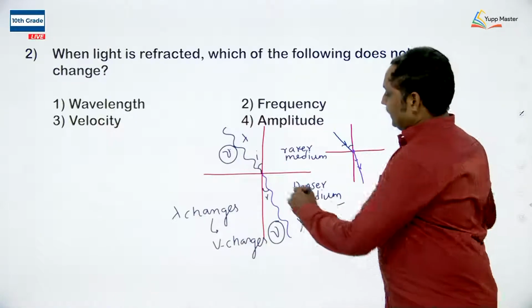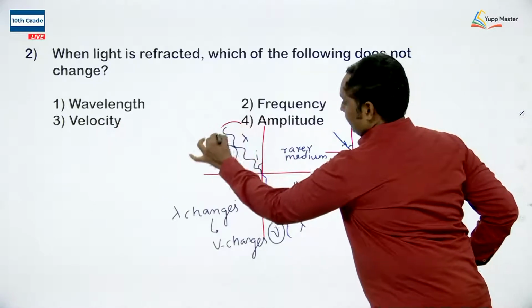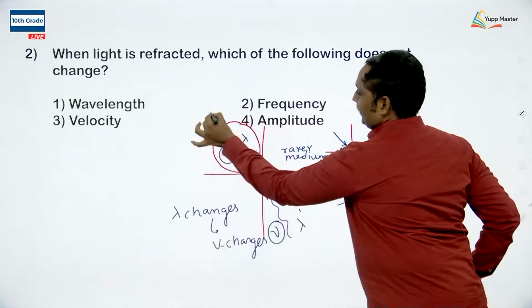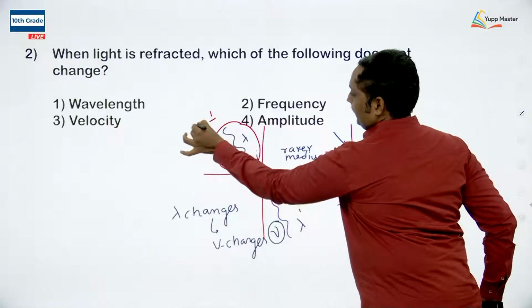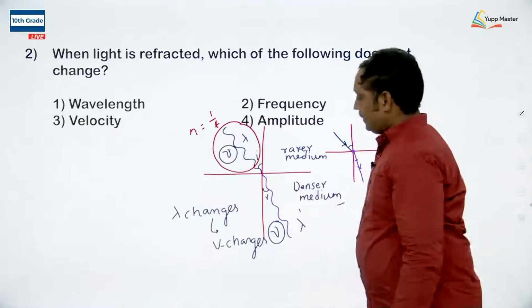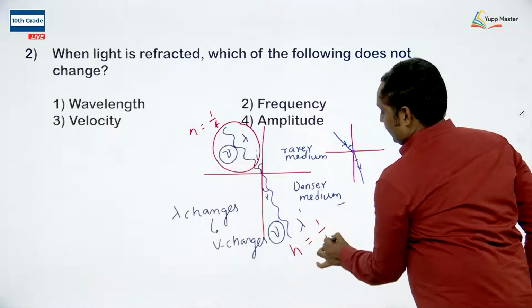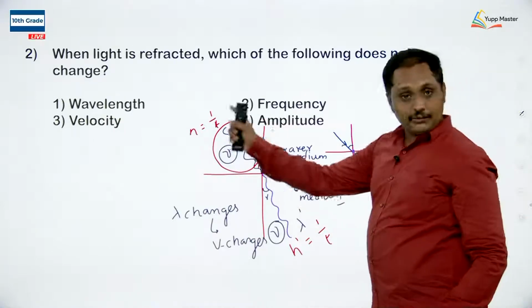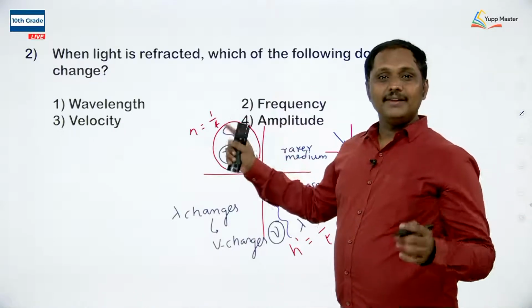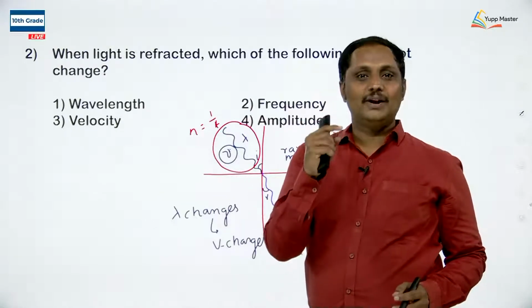In this region, the number of cycles per time t, and here also the number of cycles per time, both are equal. What is the frequency? The number of oscillations made in 1 second is known as frequency.